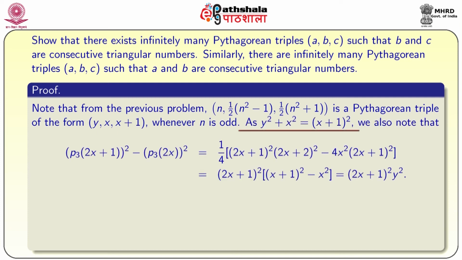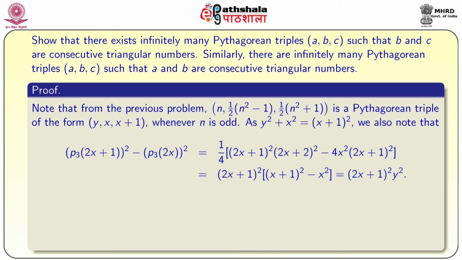As x² + y² = (x+1)², we also note that P3(2x+1)² − P3(2x)². Here P3(x) means the x-th triangular number. So P3(2x+1) means the (2x+1)-th triangular number.